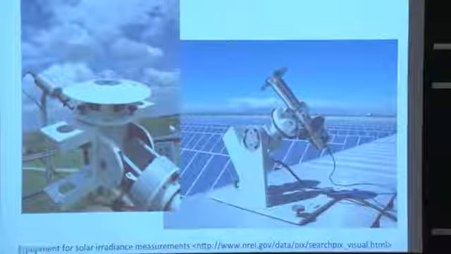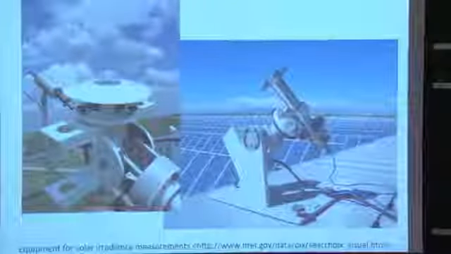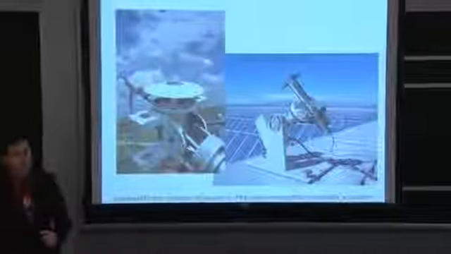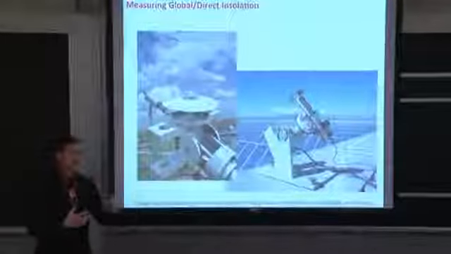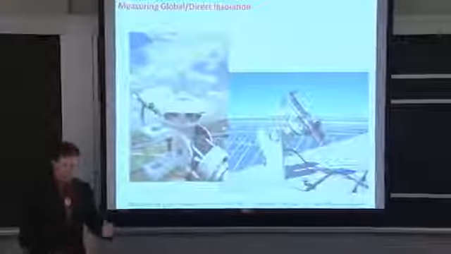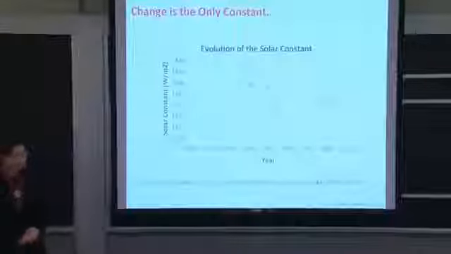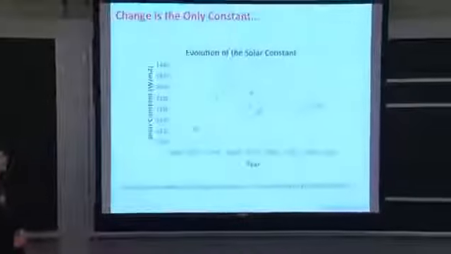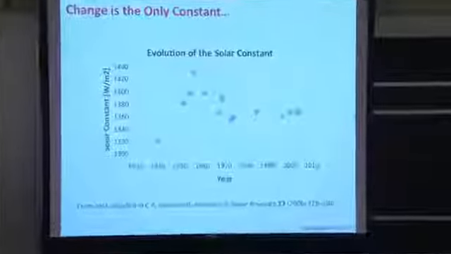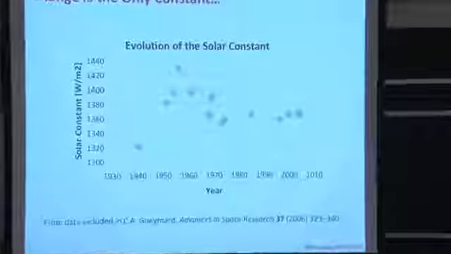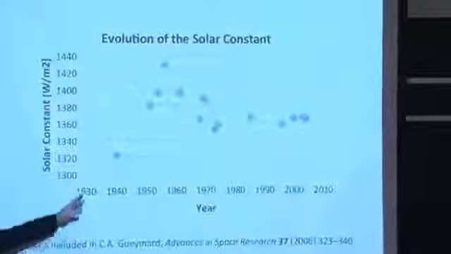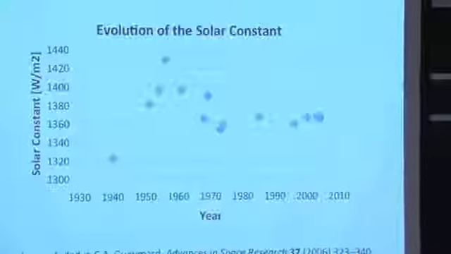But we had other measurement devices, and you'll see in a few slides how the solar constant has been varying as a function of time. Granted, the solar output also varies, but our ability to measure the solar output varies as well. So if you look at the evolution of the solar constant versus time, this is the number of watts per meter squared in the outer reaches of our atmosphere, so AM0, and you can see that our values have changed.